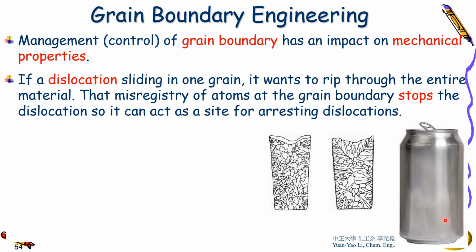So what is this? If a dislocation slides in one grain, it would rip through the entire material. Okay, that is the misregistry of the atoms at a grain boundary stopping the dislocation, so it can act as a site for erasing dislocation.